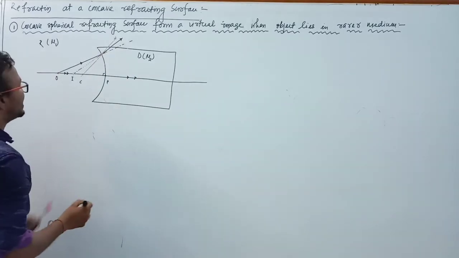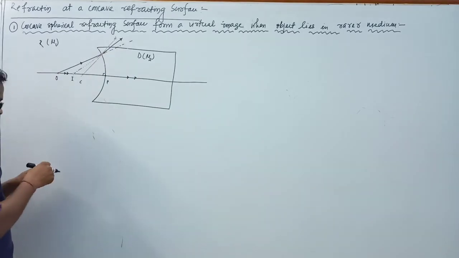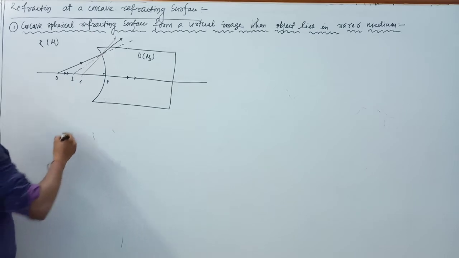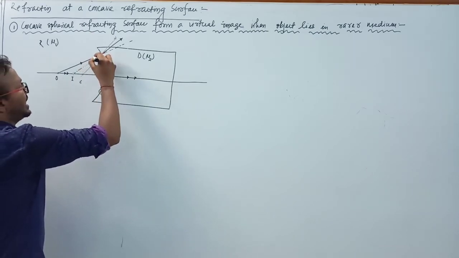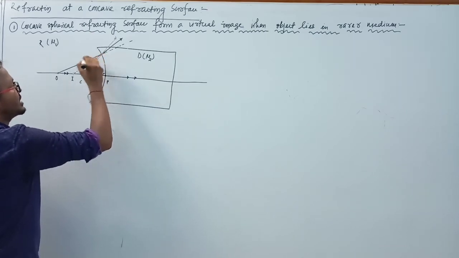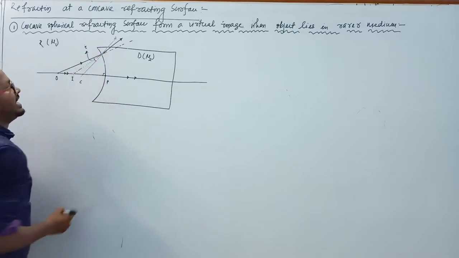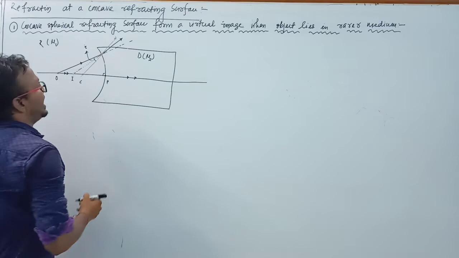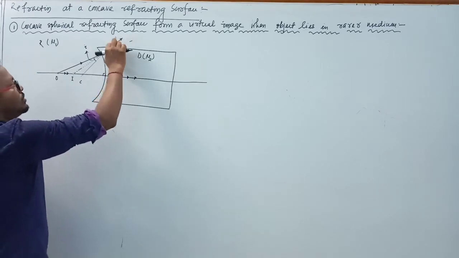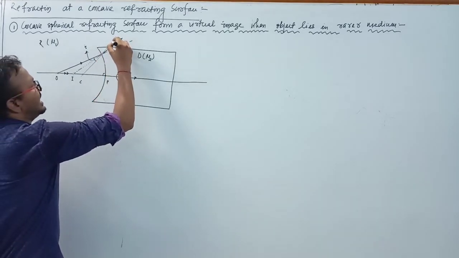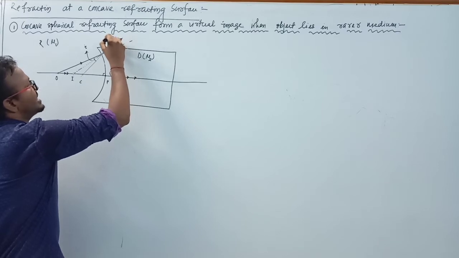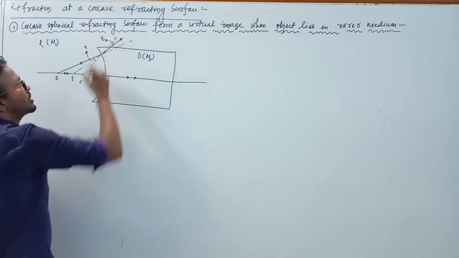Now, what is the angle of incidence? It is the angle made by the incident ray with the normal, denoted by I. Similarly, the angle made by the refracted ray with the normal is known as the angle of refraction.